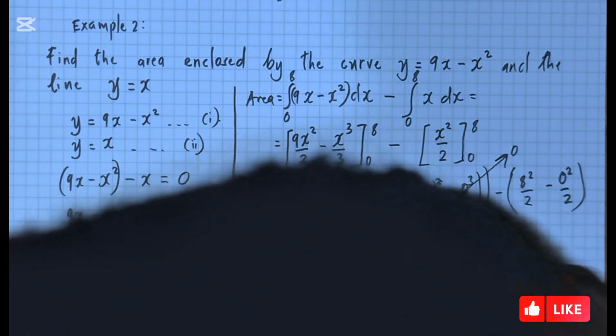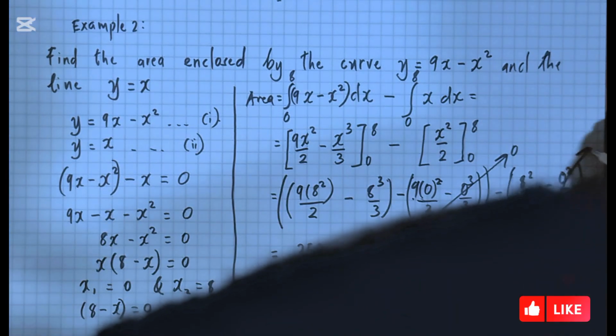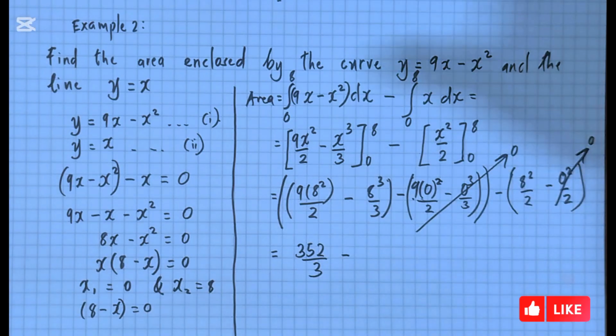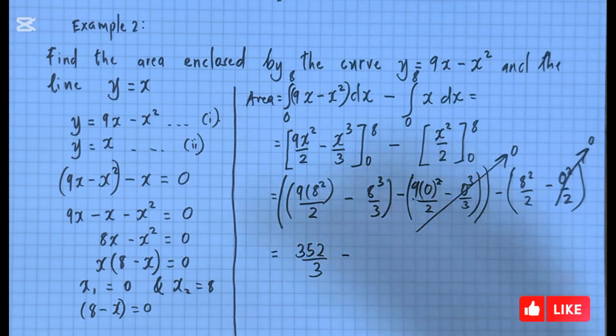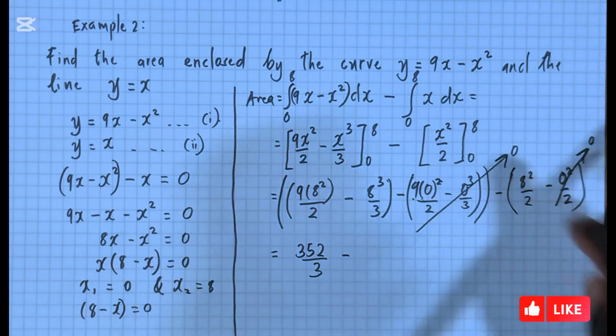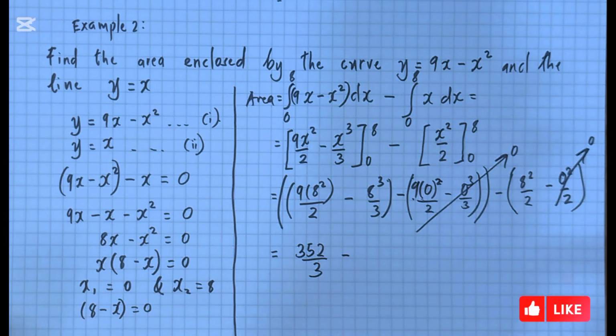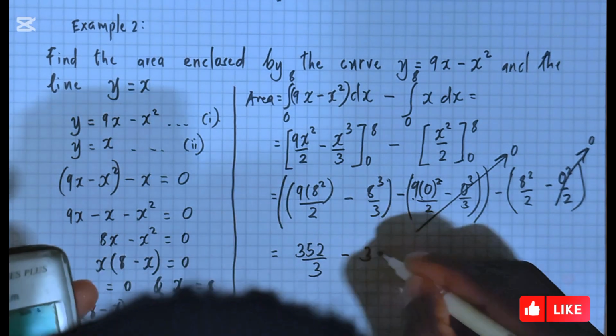And then minus, of course, this here also will go to 0. 0 divided by a number is always going to be 0. So we're going to be left with 8 squared divided by 2, of course, and that is 32.